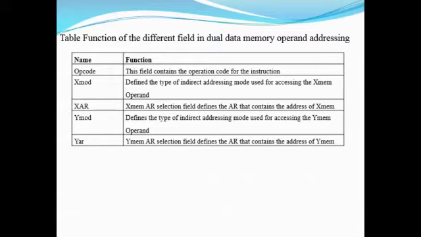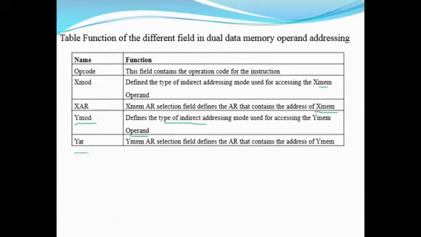Xmod defines the type of indirect addressing used for accessing the X memory operand. And XAR, the X memory auxiliary register selection field, defines the auxiliary register that contains the address of X memory. So either we stick to X memory or to Y memory in the set of instructions we use. Then Ymod defines the type of indirect addressing mode used for accessing the Y memory operand.